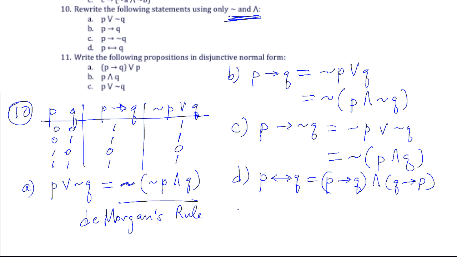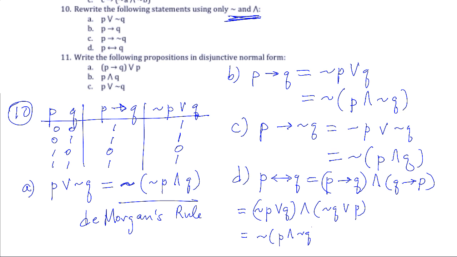So I'm going to say that this is either not P or Q, is the left-hand side, and either not Q or P. And applying De Morgan's to both of these gives me a not P and not Q, and not Q and not P. I think I've done that correctly.